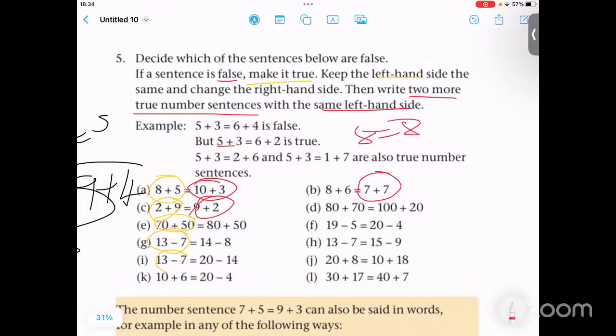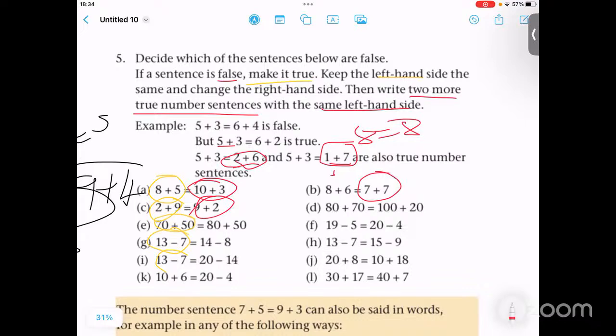And then again, another way to write it, 5 plus 3 is equal to 1 plus 7. So they've used a 6 and a 2, and a 1 and a 7. You see that? So when you add 1 to 7, you get 8 because 7 plus 1 is 8.